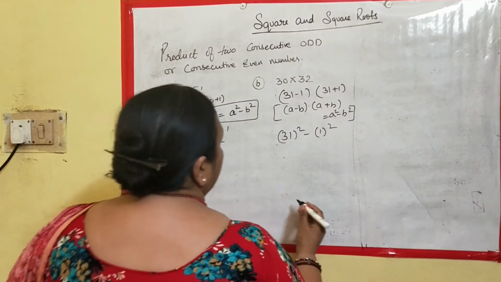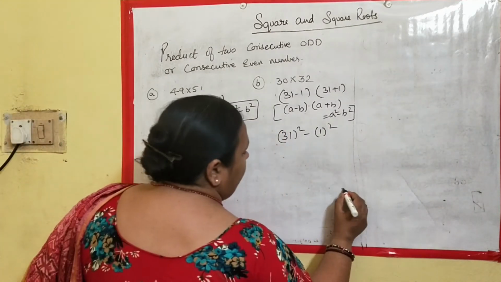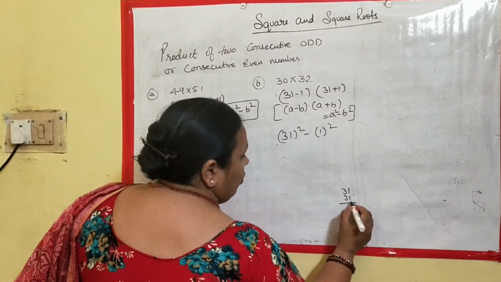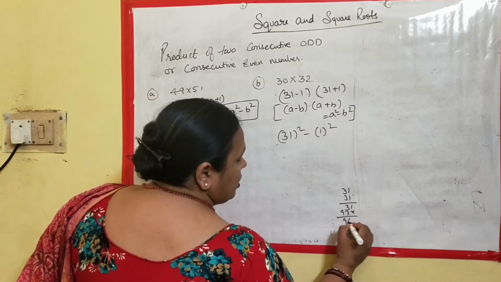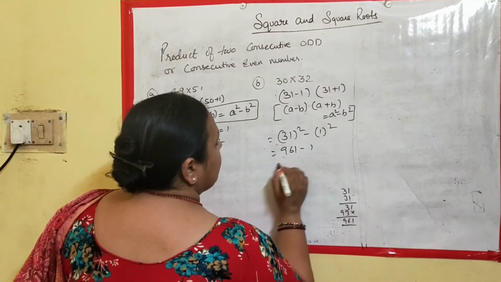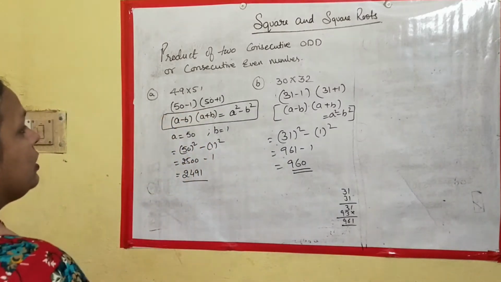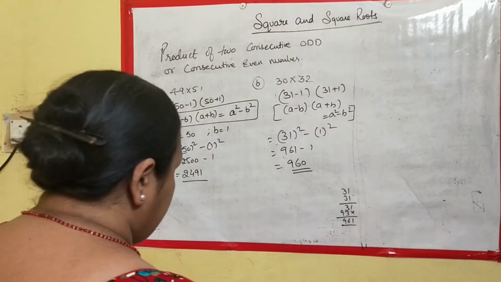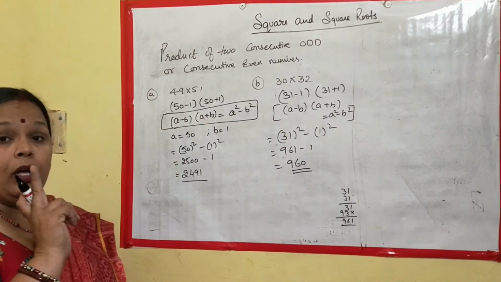Now 31 into 31. See, for 31 into 31 you can quickly multiply and see. 1, 3, 3 and 9. So this is 961. 961 minus 1 is 960. Clear? So the answer for this is 960. Clear?